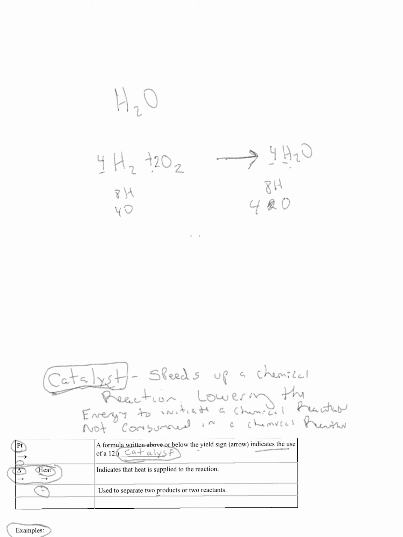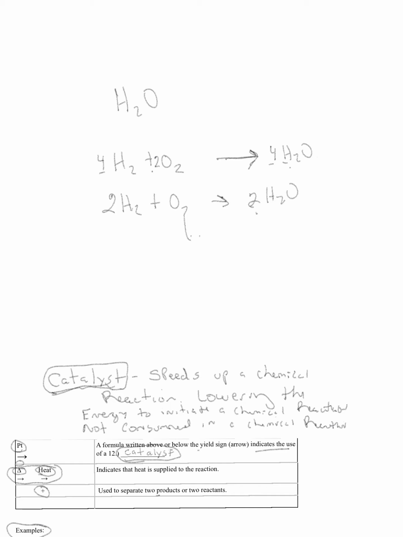So when we wrote it before, if you recall, we wrote it so it said 2H2 plus O2 is going to yield 2H2O, which was balanced.